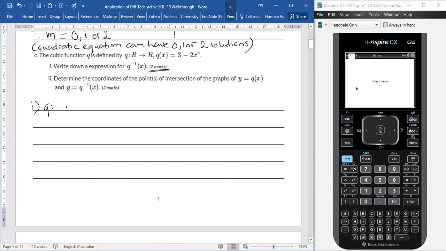Okay, so for q, we have y equals 3 minus 2x cubed. So if you have the inverse, what you need to show is that you understand that you need to switch the x and y values, and I'm going to just move the 2x cubed to the other side. So 2y cubed equals 3 minus x, which means that y cubed is (3 minus x) over 2.